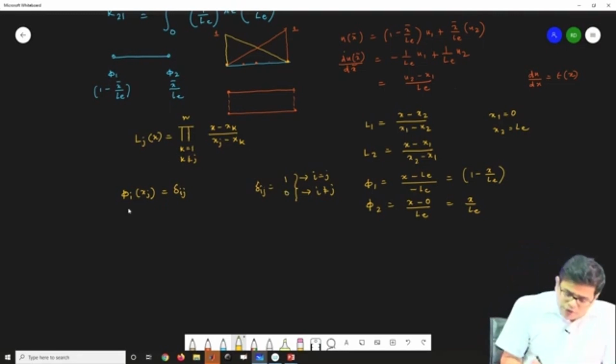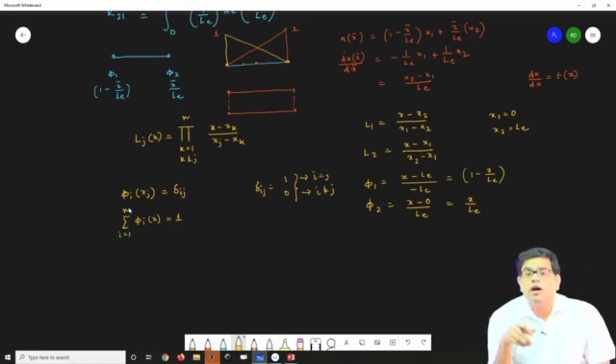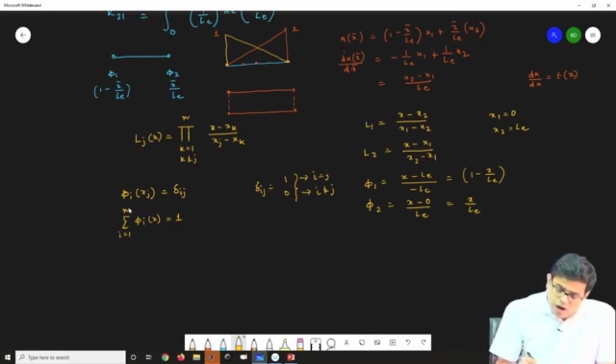Now if you carefully see, the summation of phi i at any point is actually 1, with i equals 1 to n, the order of the element or the number of shape functions. This comes from this property.